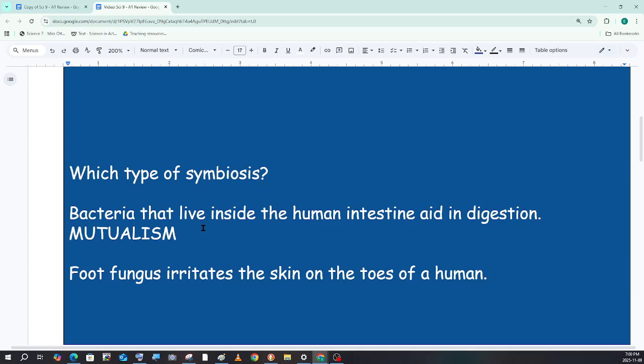Is this commensalism, mutualism, or parasitism? All right, this would be parasitism because only the foot fungus is benefiting here. The human is suffering because of the foot fungus. They're not gaining anything from it, and they are being harmed in the process because of their skin actually being irritated.